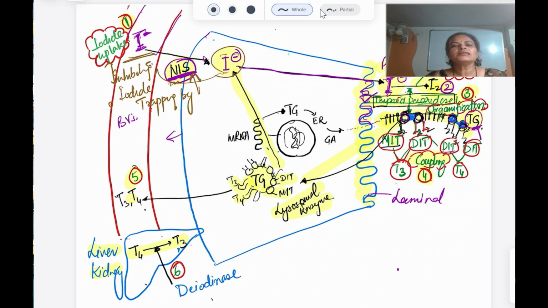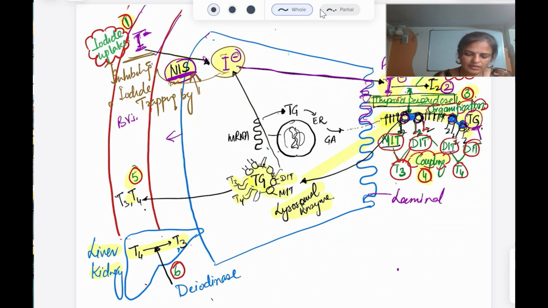But nowadays this group of drugs is not used because of toxicity. For example, nitrate causes methemoglobinemia and various vascular effects. Then perchlorate causes bone marrow toxicity, and bone marrow toxicity, aplastic anemia and agranulocytosis occur with thiocyanate and perchlorate. Because of these side effects, this group of drugs is not used nowadays.